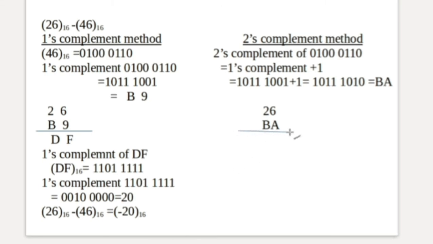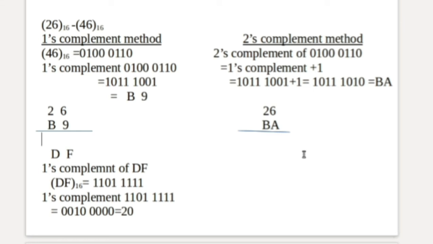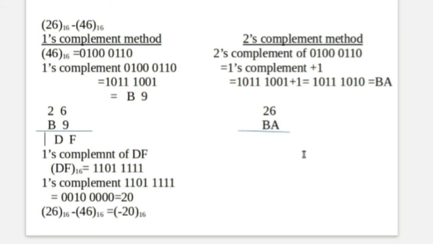So 6 plus A is equal to 10. So 10 plus 6 is equal to 16. That is 10 in hexadecimal. So 0 is the sum and carry goes to the next bit.